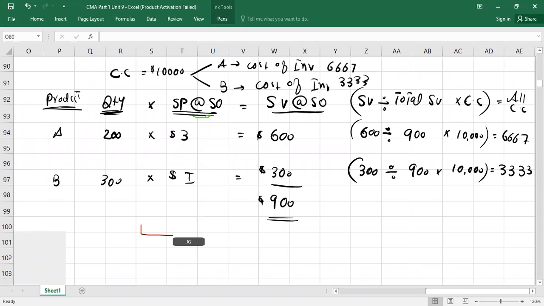Understood? This is how the sale value method works. Can you tell me the alternative name for the sale value method? It's called the gross market value method. Don't forget, because they will use a different name. It means you have to apply the sale value at split-off method. Now please take a note of this, guys.